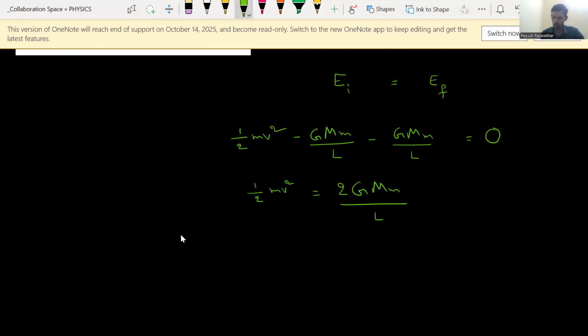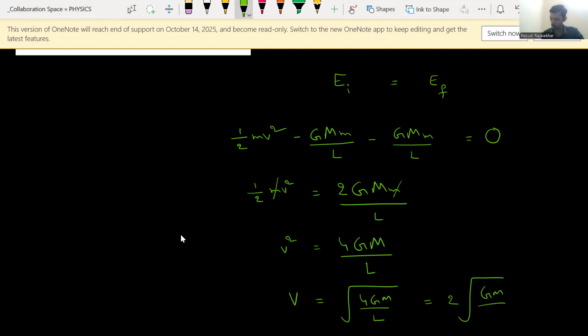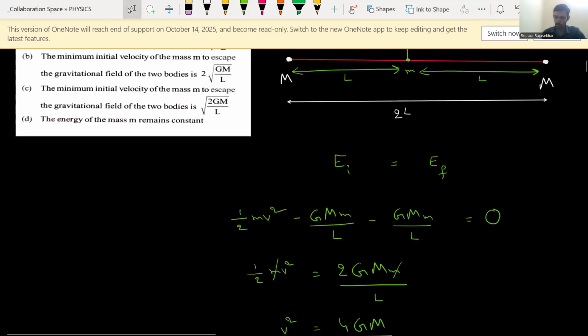So small m and small m get cancelled here, and v square can be written as 4 times G M divided by L. Here the mass values get cancelled and v square is 4GM divided by L, so that v equals the square root of 4GM divided by L. So the final answer is 2 root GM by L.